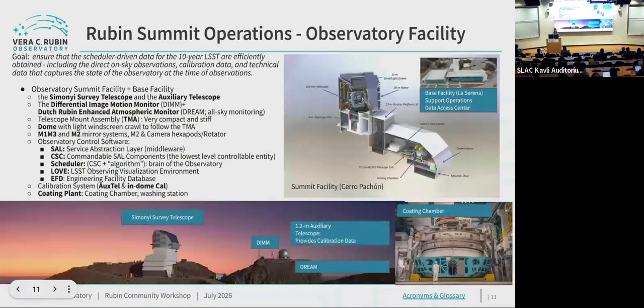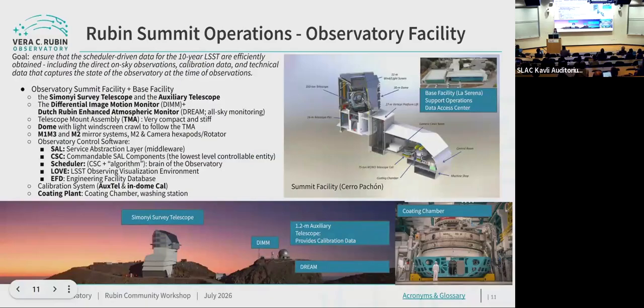The Rubin Summit operation team is the people who have a responsibility to ensure that the scheduler-driven data for the 10-year LSST survey are efficiently obtained, including the direct on-sky observation and calibration data and the technical data that captures the state of the observatory at the time of observation.